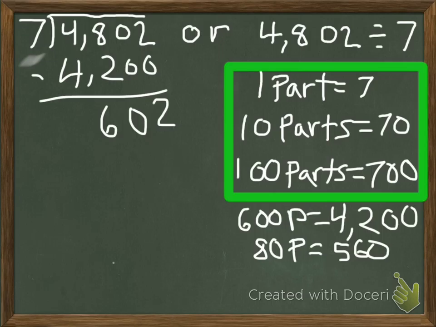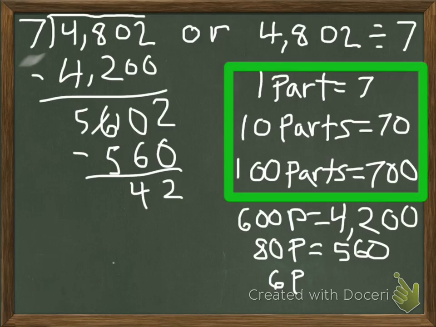So let's take a look at this. Well, now what I do is I subtract my 560 from 602, and I get 42. Well, what about my parts for 42?